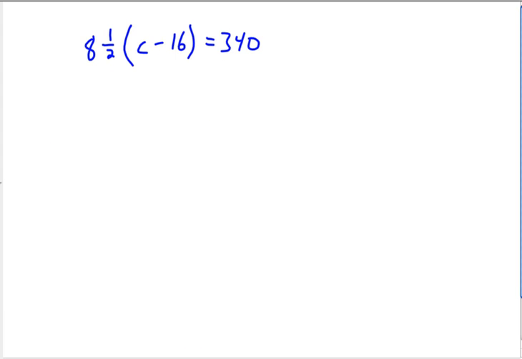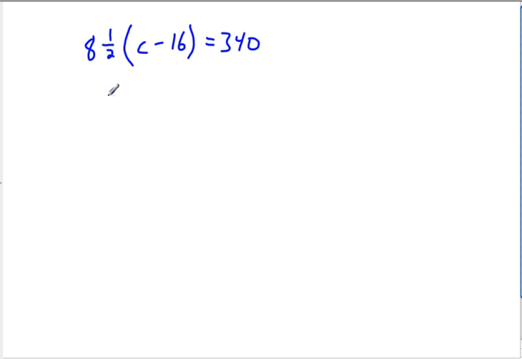Here is the exact same problem as we've done the last 3 times. The only difference is that this is now a fraction instead of a whole number. Not a big deal. The one thing you probably should do before you start, either make it a decimal, which I would not recommend, or make it a fraction, which I would recommend.